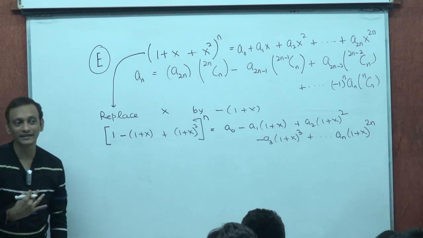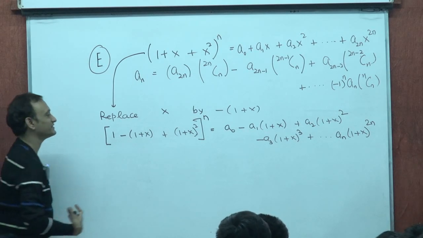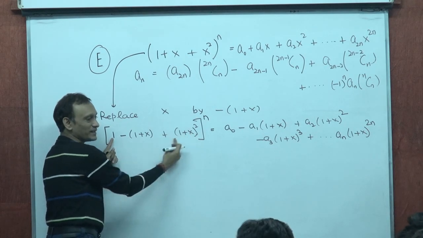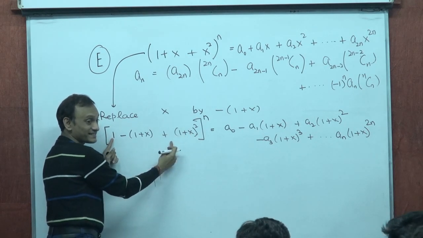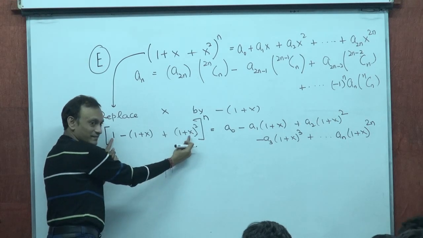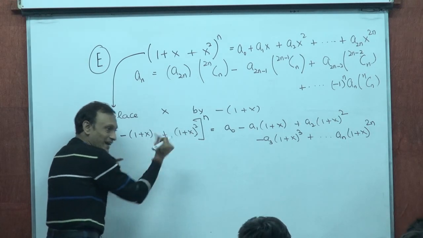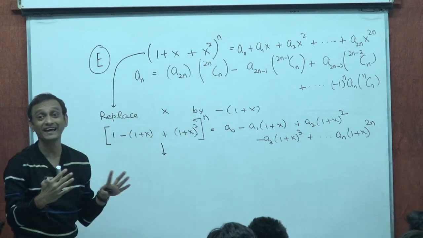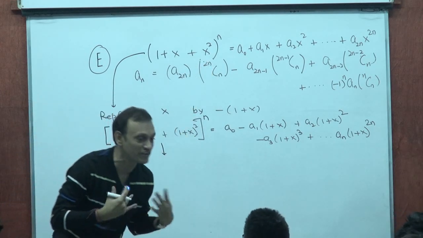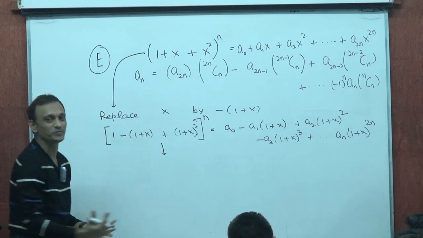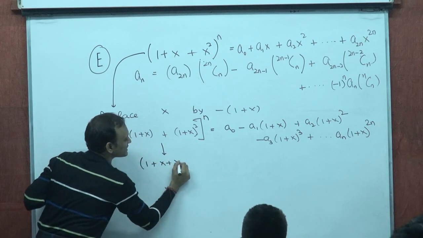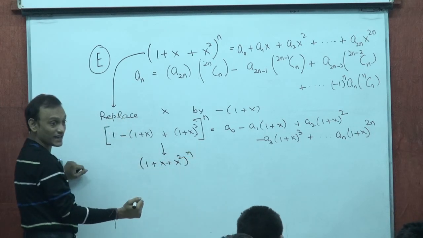Now somewhere down the line I must be lucky enough, right? What is this? See, x squared plus x plus 1 is what this is, which is the same as this. That's why I said somewhere down the line we need the nature favoring us, obliging us. Nature obliges. So (1+x+x^2)^n is the left hand side.